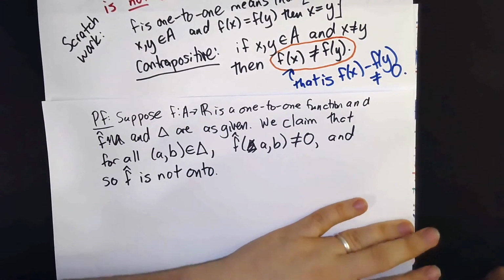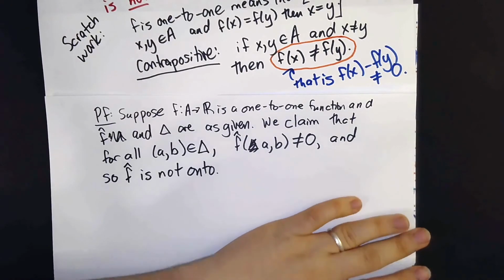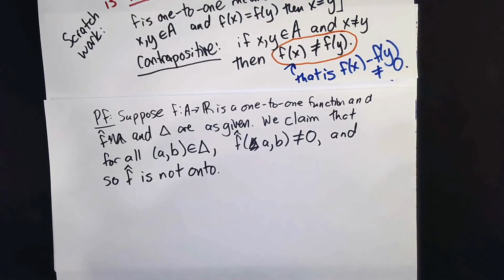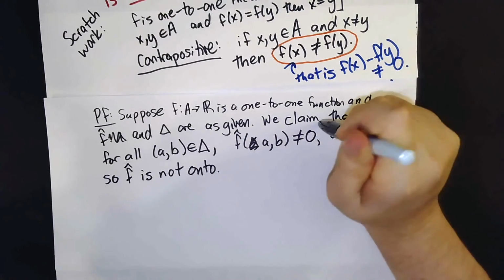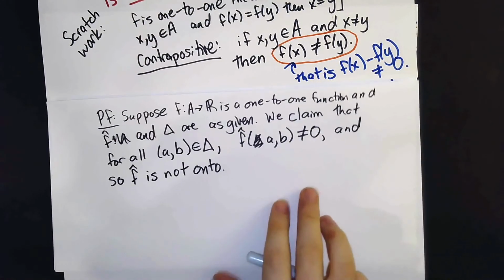If you don't tell them this up front, they're just watching you do things, and there is nothing worse than watching a proof do things without any idea where it's going. It's really hard to put the pieces together. But here we say up front, this is the thing I'm going to prove, and as soon as I prove this, I've shown f hat is not onto.